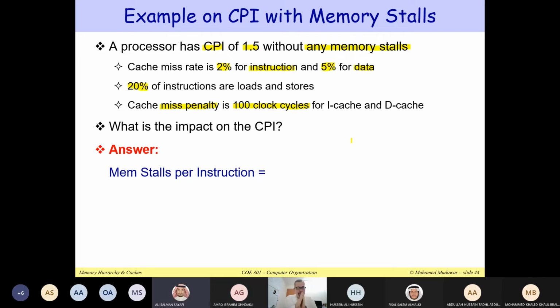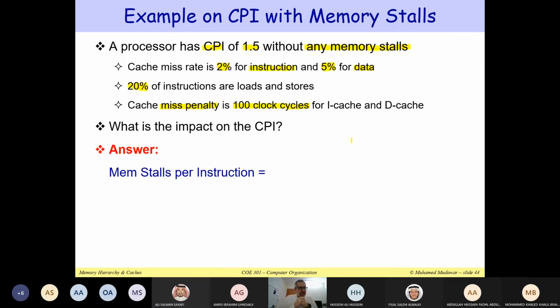As we did, we calculate 2% for the instructions plus the 5%. The 2% is given already per instruction. So when I say the miss rate, it's already per instruction. Yes, it is 2% in the case of the instruction cache, and we multiply by the 100 cycles. Okay, and the same for the data cache.